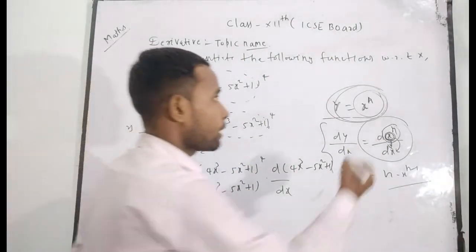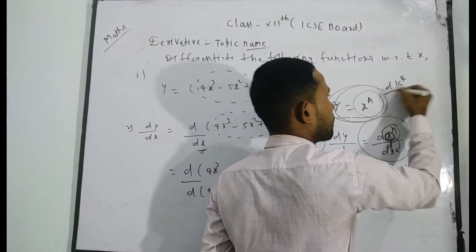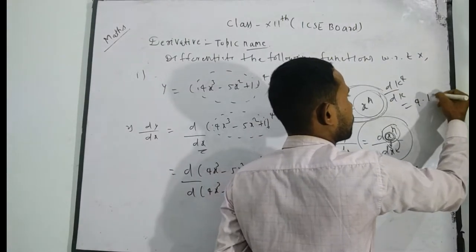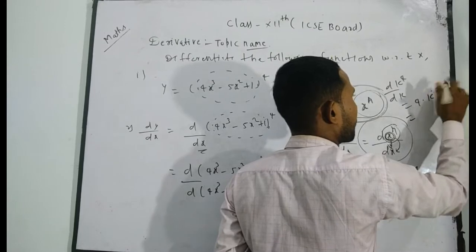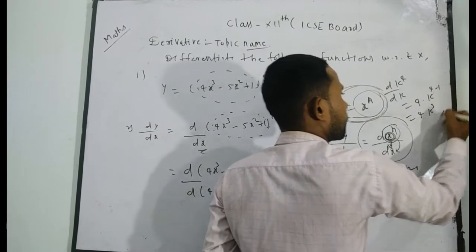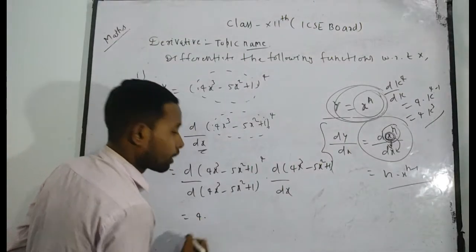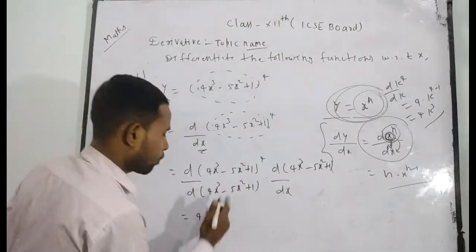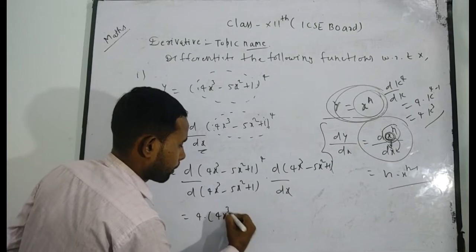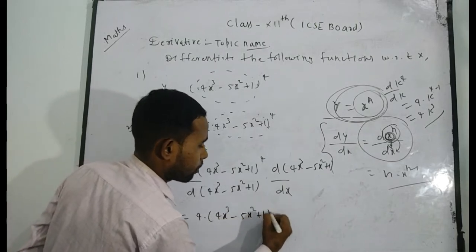In that case, the derivative of k to the power 4 with respect to k will be 4 into k to the power 4 minus 1, that will be 4 into k to the power 3. So it will be 4 into, what is k? K means 4x cube minus 5x square plus 1, whole to the power 3.